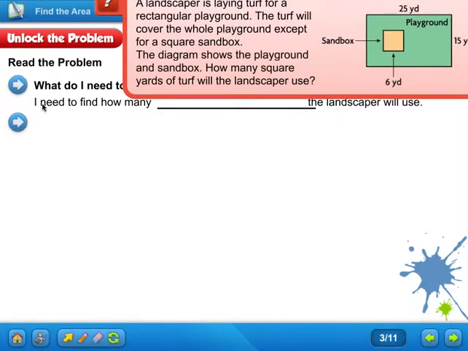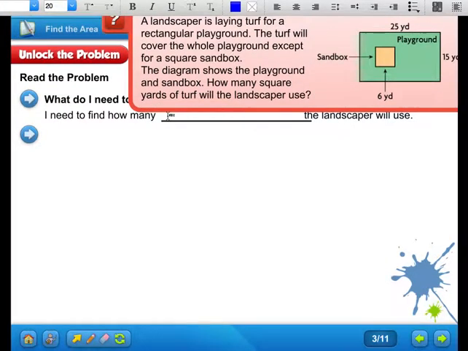All right, so what do I need to find? I need to find how many blank the landscaper will use. How many square yards of turf? Is that what you said? If you said that, you are correct.